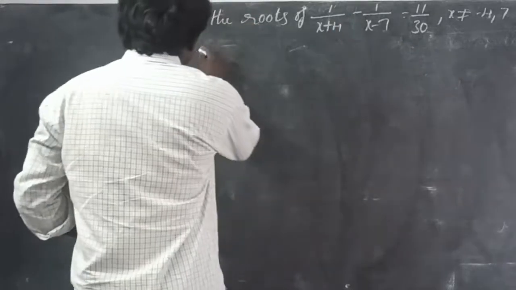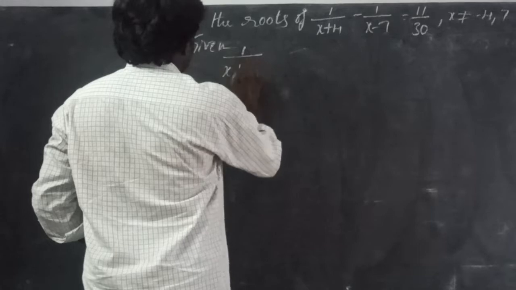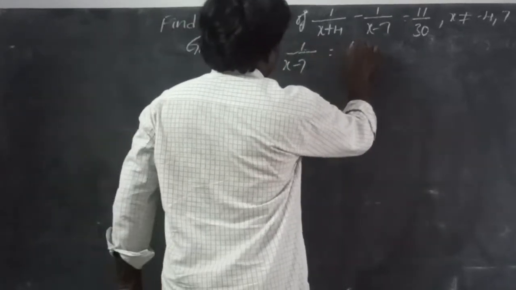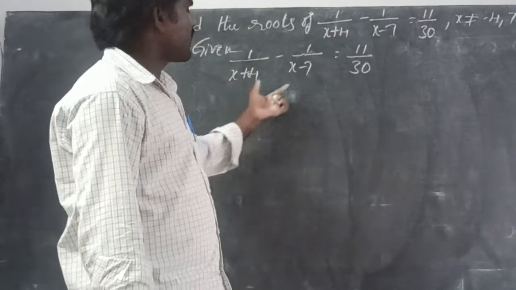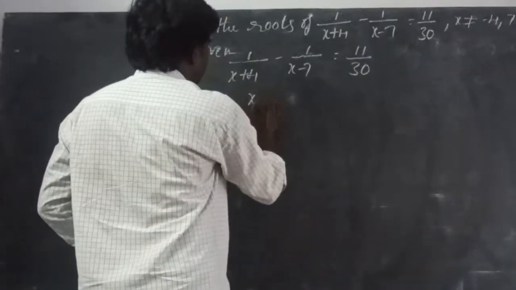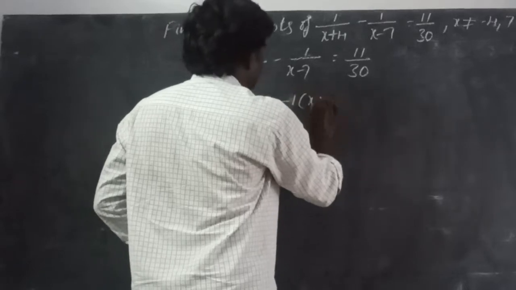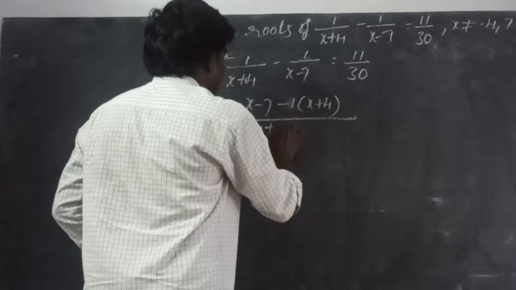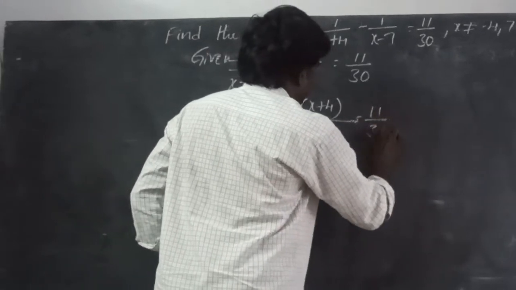Now these two are fractions, so we can cross multiply: 1 into x minus 7 minus 1 into x plus 4, by x plus 4 into x minus 7, is equal to 11 by 30.